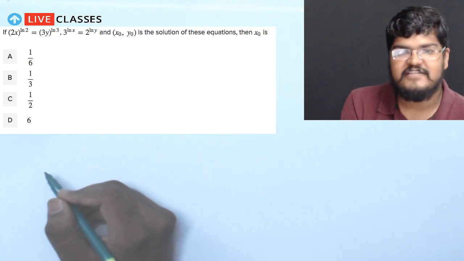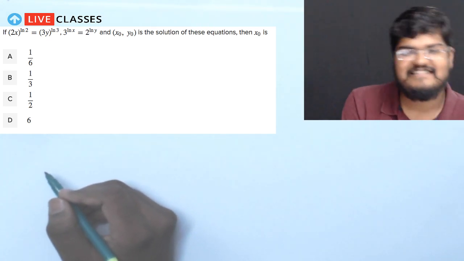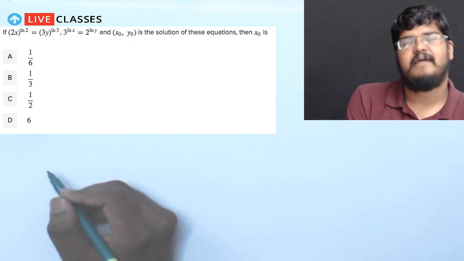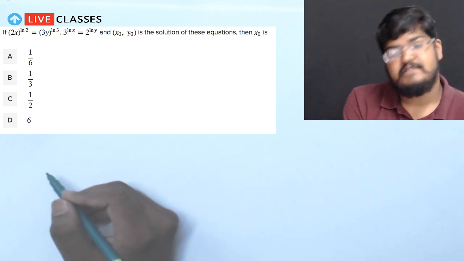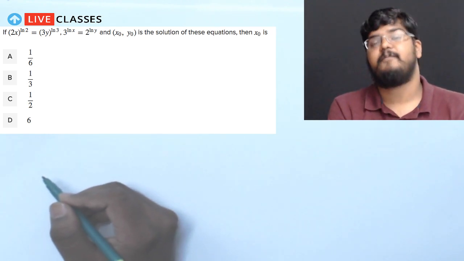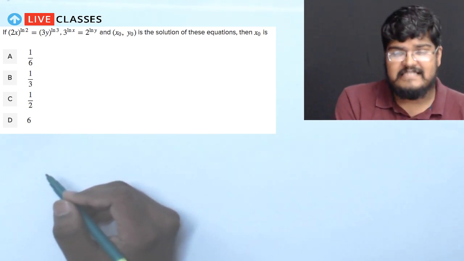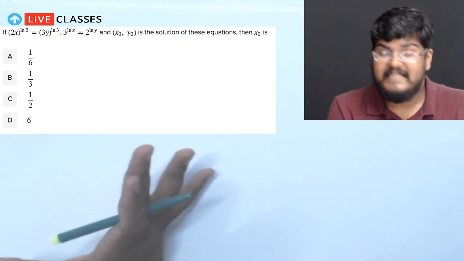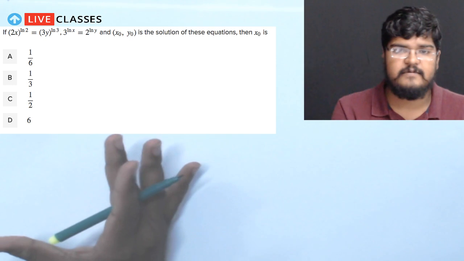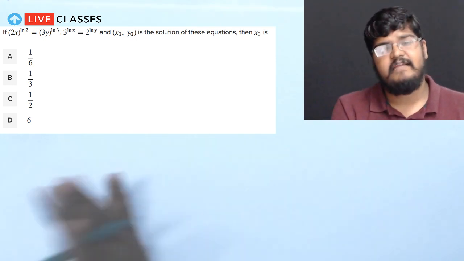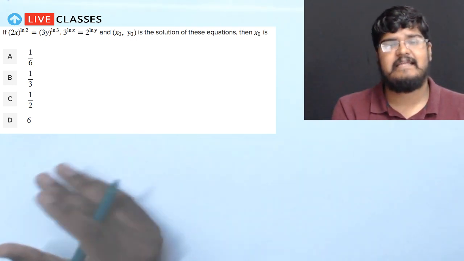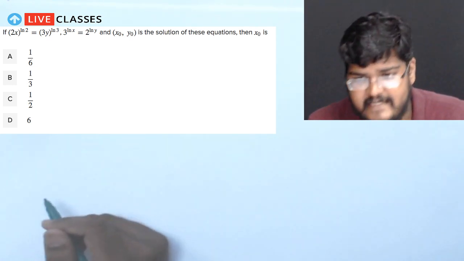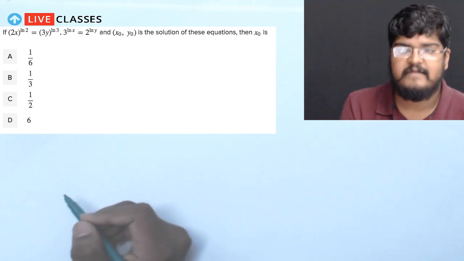But when you do it, you'll understand that the equations become somewhat complicated, which is why it would have been quite wise to solve this question at the end of your paper. Just for covering the entire logarithmic applications, it's important for us to do this question so that we can understand the various properties in the process, and at the same time understand the basic concepts involved in solving it. So let us start with whatever is given to us.